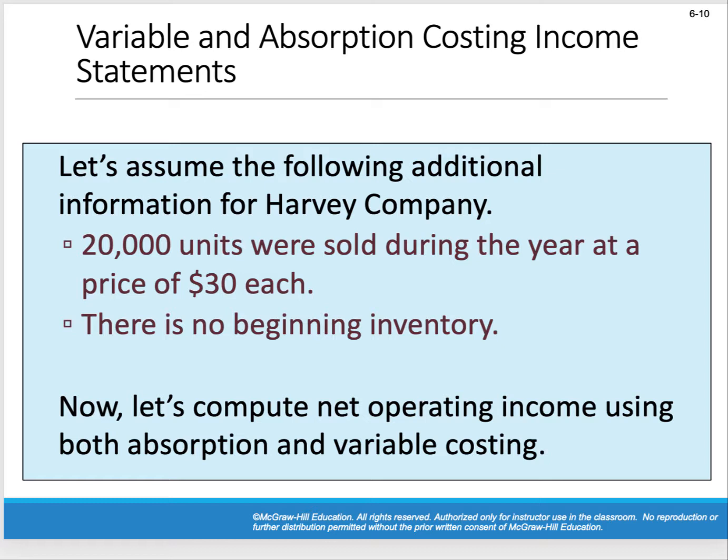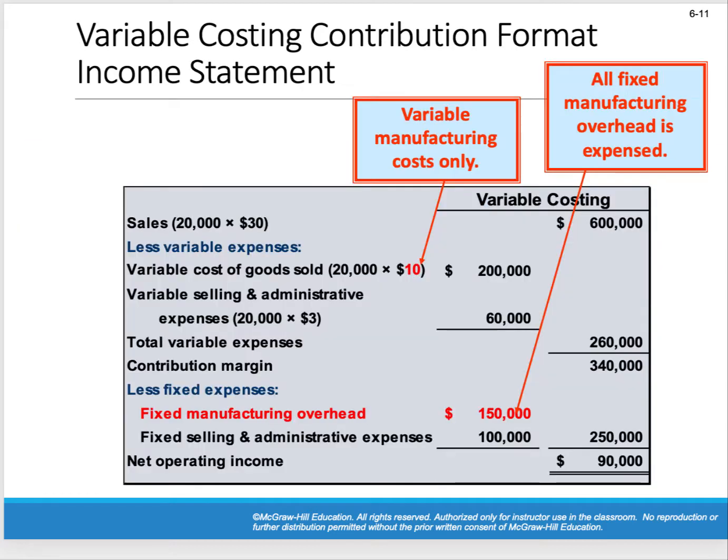Now, we're going to compute net operating income using both absorption and variable costing. I want to say this first, and then we'll see it in action. The net operating income will be different under each method. And the reason why, it's all in how we handle the fixed manufacturing overhead.